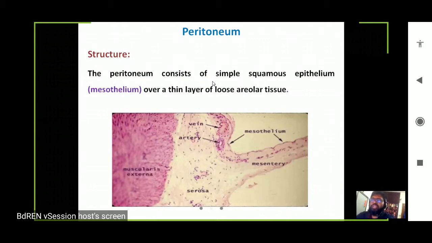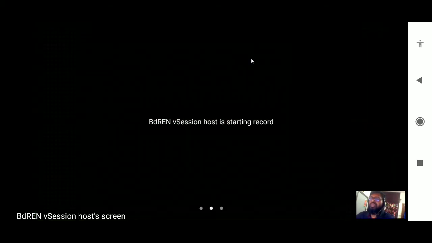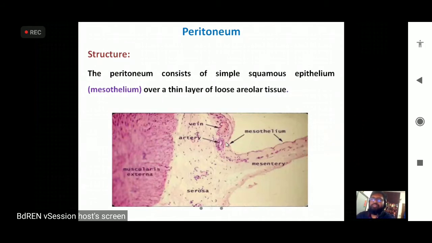The peritoneum consists of simple squamous epithelium, also called mesothelium, over a thin layer of loose areolar tissue. See, this one is the simple squamous epithelium over a thin layer of connective tissue.